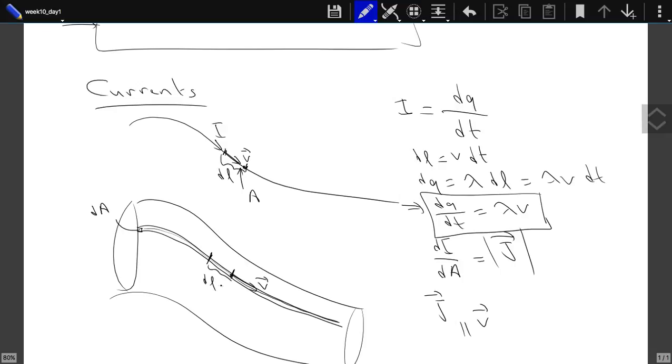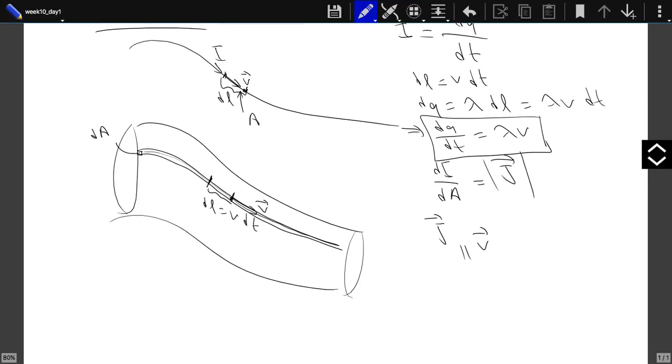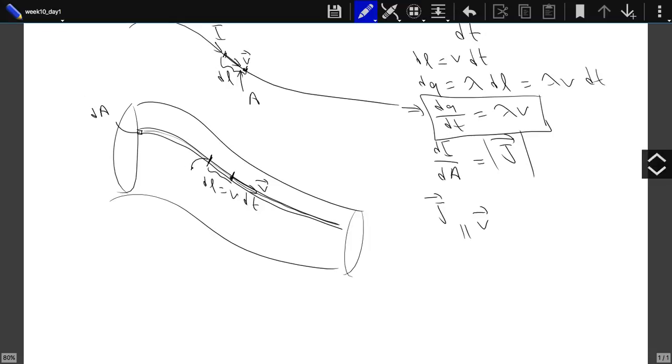That length, dl, is nothing but v dt. We just need to count the total charges passing through this area in a time dt. So those are the charges within this volume. The height of this volume is v times dt. The cross-section is, we say, dA.